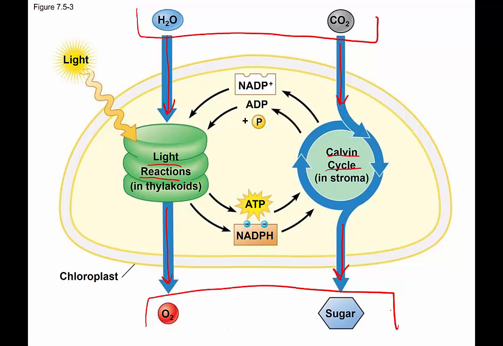So really the major purpose of the light reactions is to produce electron carriers and ATP. As you're going to soon see, the Calvin cycle, which produces sugars, is very, very energetically costly. So it's very important that we produce electron carriers like NADPH and ATP because that reaction is going to take a lot of energy. So again, we have an endergonic reaction and a very costly one at that.